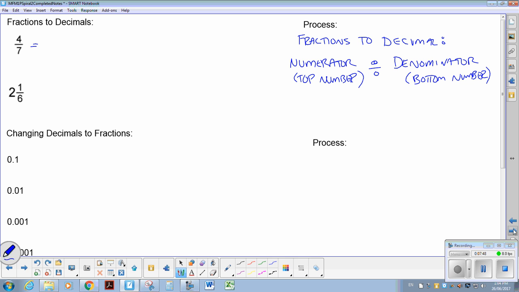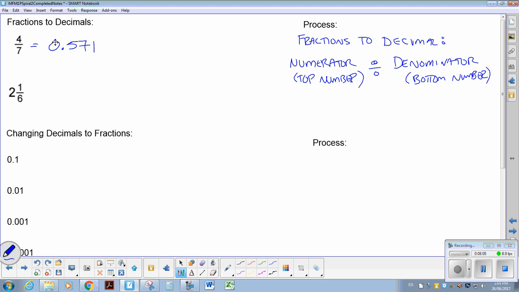So for this one, we will have 4 divided by 7, so that's what we put into the calculator, and we get 0.57, and I'm looking at my calculator, and there's no really repeating pattern, so let's go to 3 decimal places.